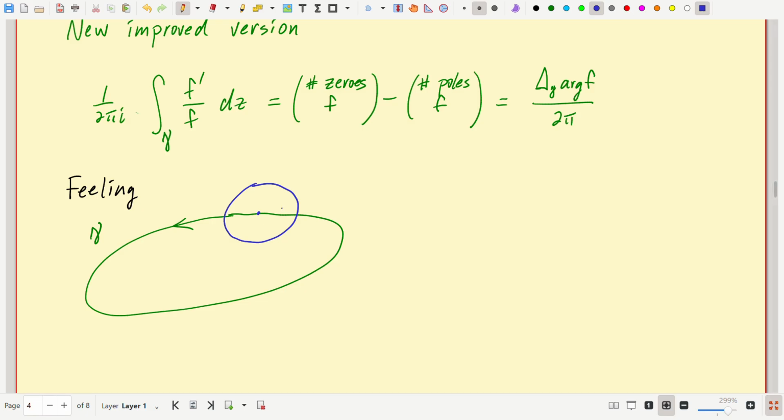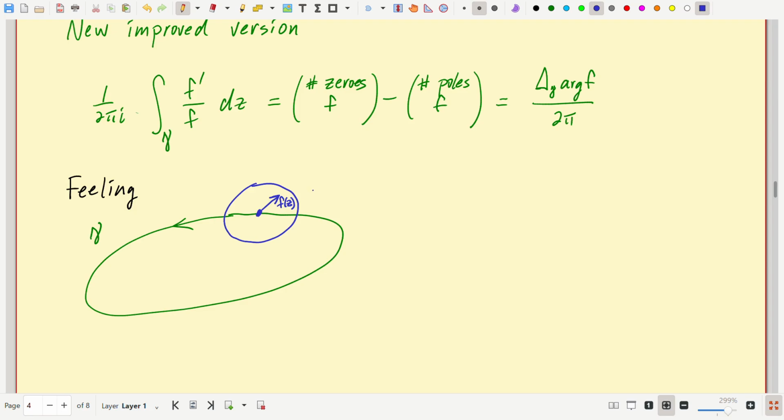I'm going to stick my f of z as a little arrow right here, like the hand of a clock. That's my f of z. And I look at my wristwatch, and as I walk around, that f of z is going to be spinning around. And I count the number of times it spins around.